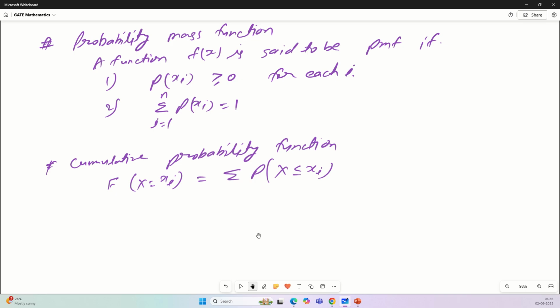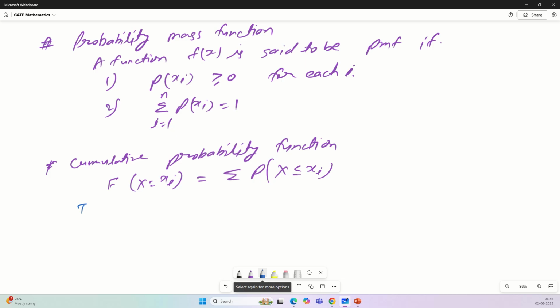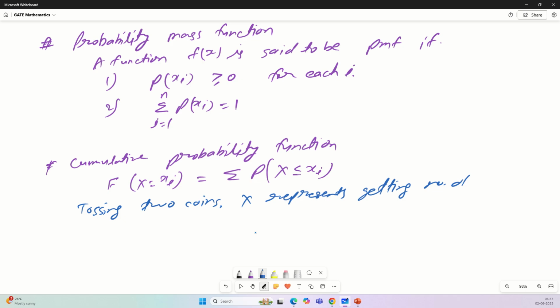So let us say tossing two coins, x represents number of heads. You had seen just now, tossing two coins, let's say x is a random variable, represents getting number of heads.